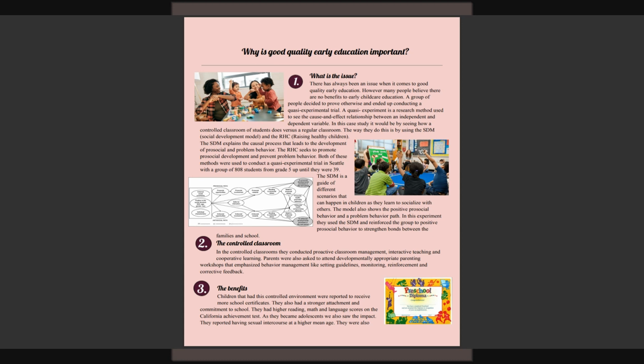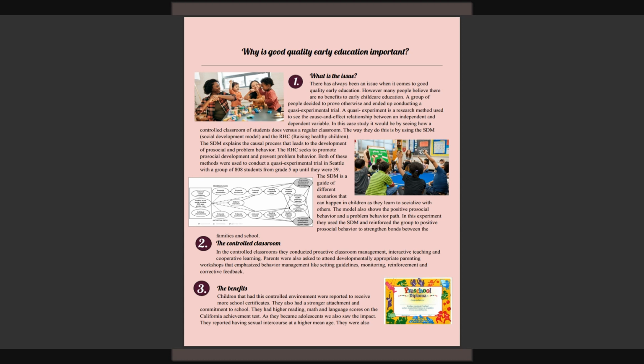There was a group of people who decided to conduct a quasi experimental trial. This is a research method used to see the cause and effect relationship between an independent and dependent variable. In this case study, it would be by seeing how a controlled classroom does different from a regular classroom.